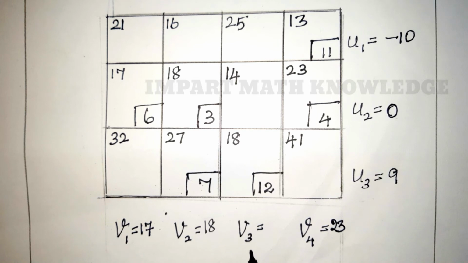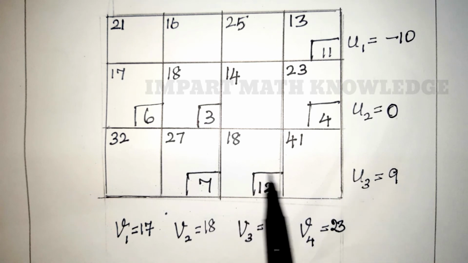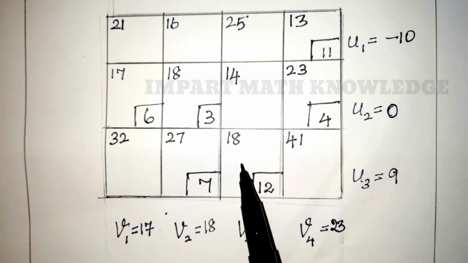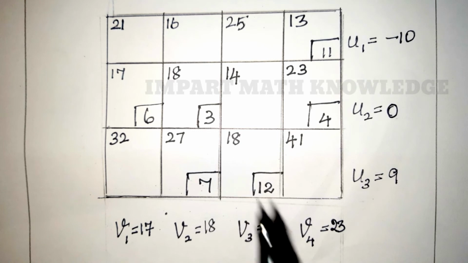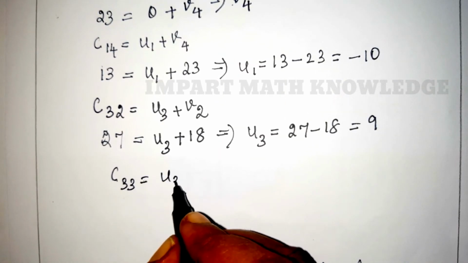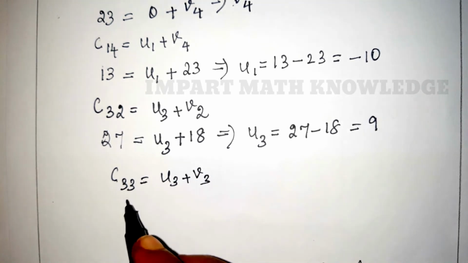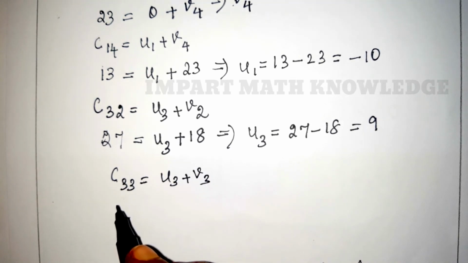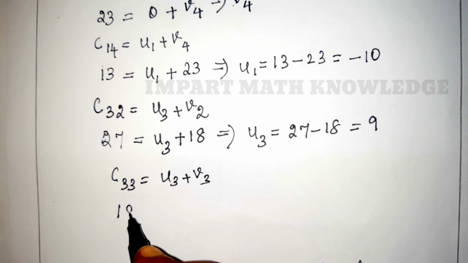Next you have to find the V3 value. For V3, this is an allocated cell and the U3 value is known. From these two values, we can find V3. The cell number is C33. The cost is 18. C33 is equal to U3 plus V3 and C33 the cost is 18.